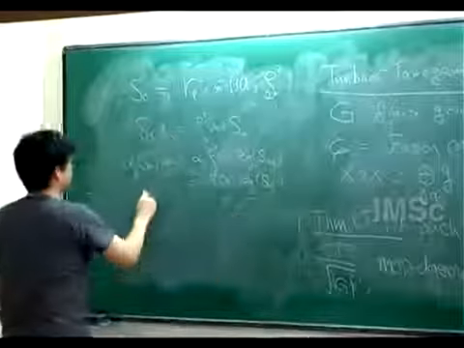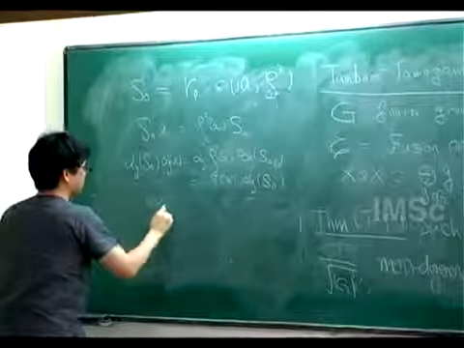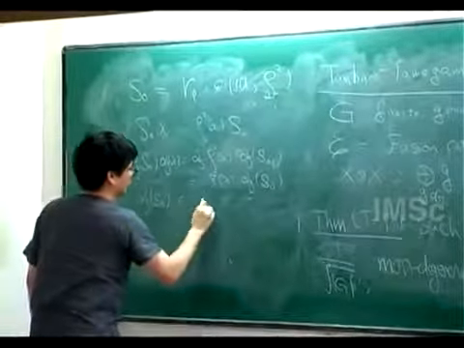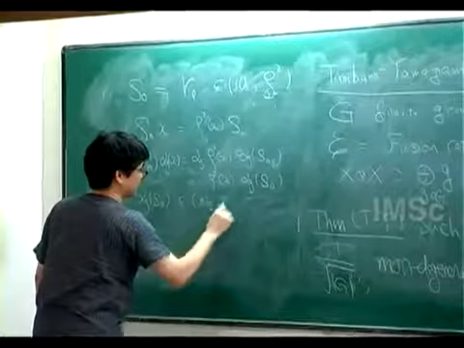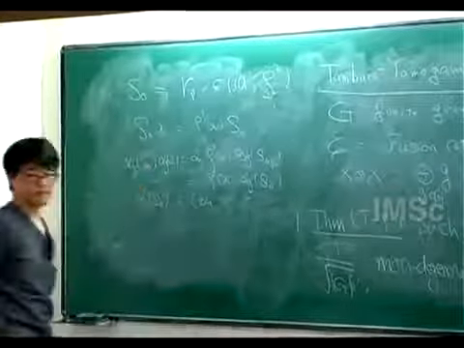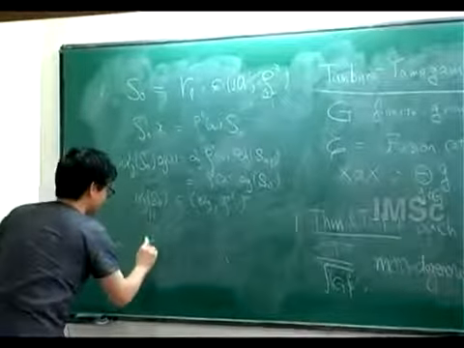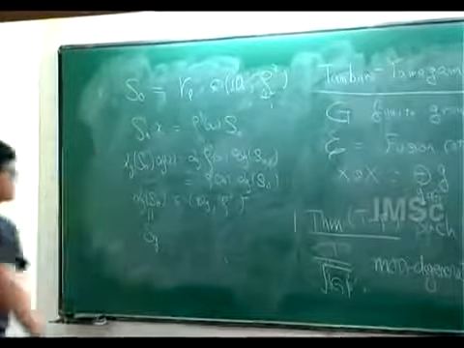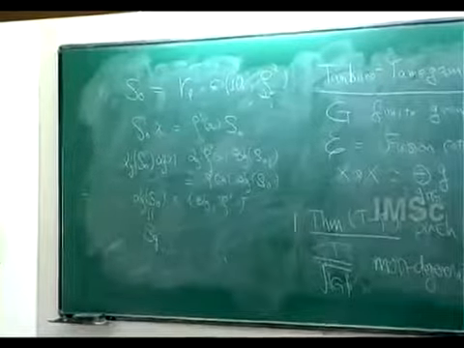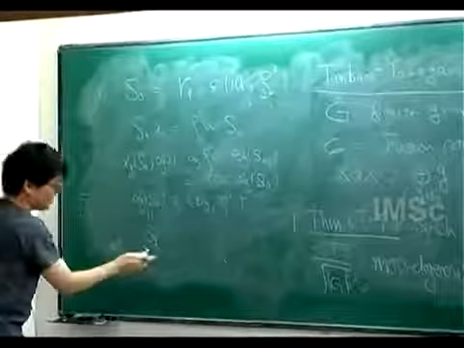So this means that alpha g of S0 is in this intertwining space. So let's call this SG. And this is still an isometry because S0 is an isometry.